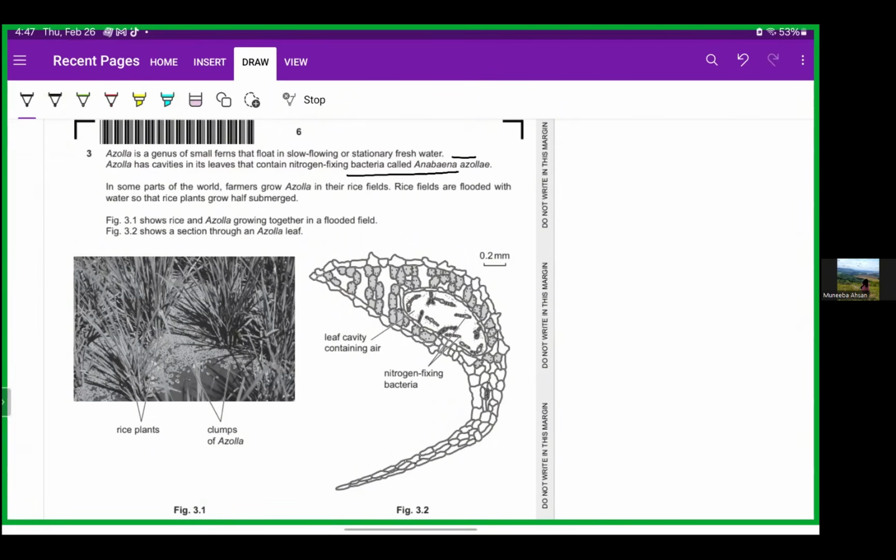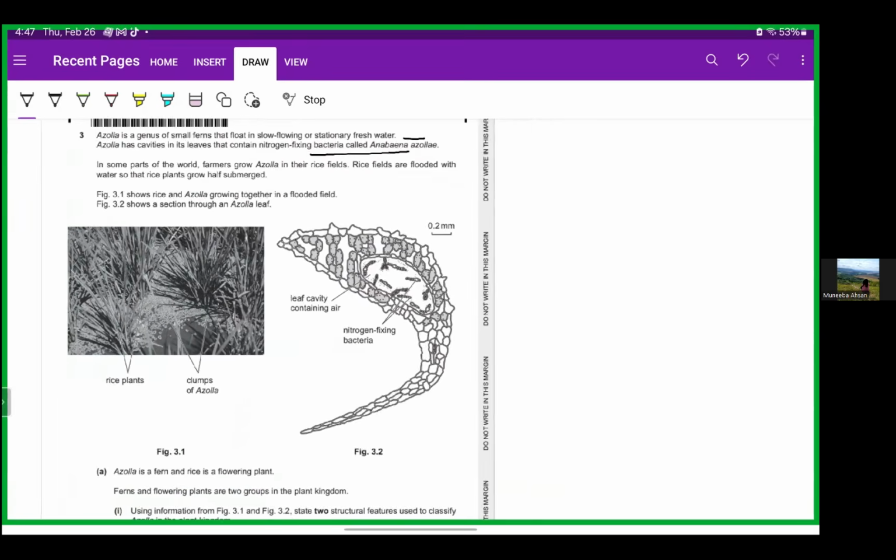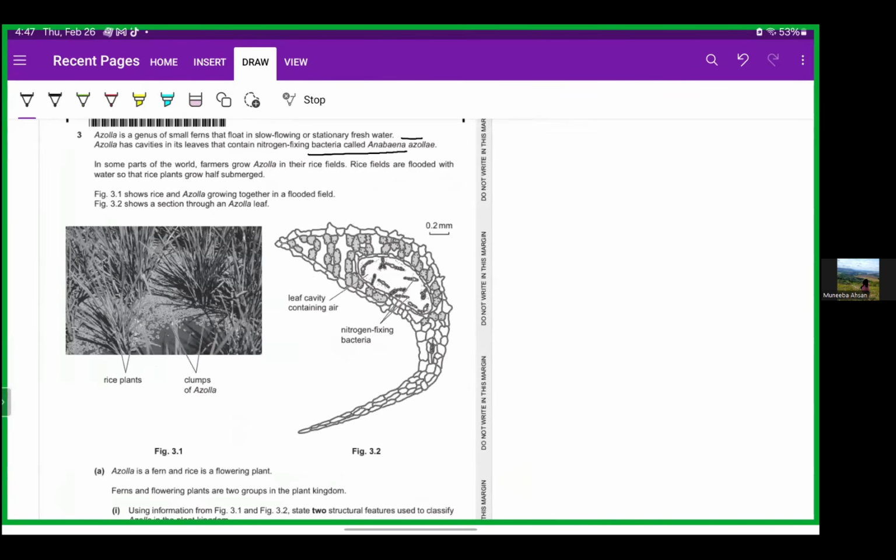In some parts of the world, farmers grow azolla in their rice fields. Rice fields are flooded with water so that the rice plants grow half submerged. Figure 3.1 shows rice and azolla growing together in the flooded fields. Figure 3.2 shows a section through the azolla leaf. Okay, it is a nitrogen fixing bacteria. That's what they are telling us.